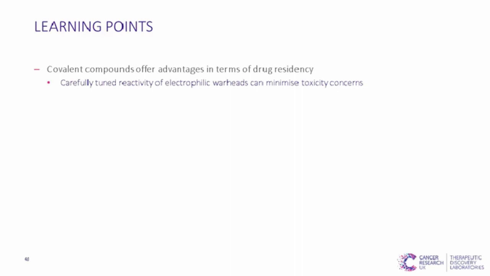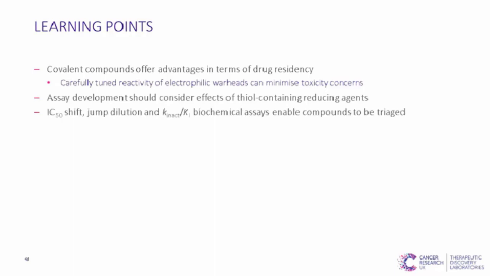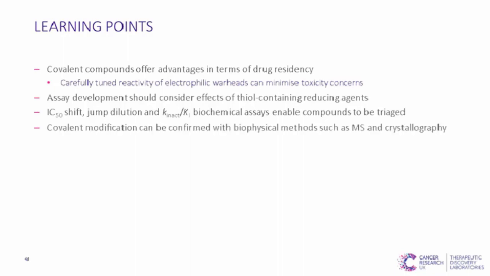The learning points from today are that covalent compounds offer advantages in terms of drug residency, and carefully tuned reactivity of the electrophilic warheads can minimize toxicity concerns. Assay development should take into account the effects of thiol-containing reducing agents. IC50 shift, jump dilution, and kinact/KI biochemical assays enable compounds to be triaged.